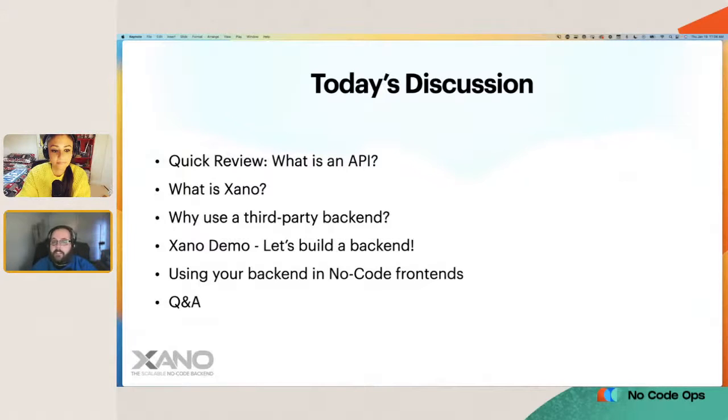We're actually going to jump into Xano, and I will show you a live example of building your own backend. And then finally, we'll talk a little bit about how to use your backend and these APIs that you've built in various no-code front ends. And then, of course, as always, we'll take some Q&A at the end. Happy to answer any questions that anybody has there.